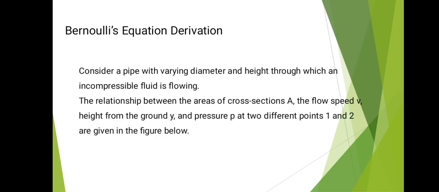Bernoulli's equation derivation. Consider a pipe with a varying diameter and height through which an incompressible fluid is flowing. The relation between the area of cross section A, flow speed v, height from the ground y and pressure P at two different points 1 and 2 are given.